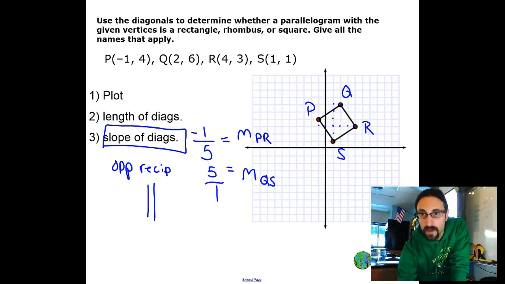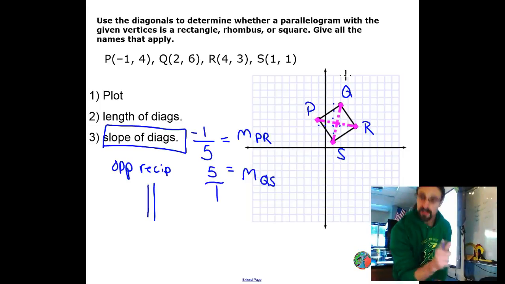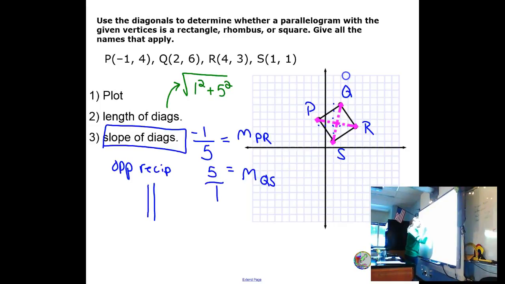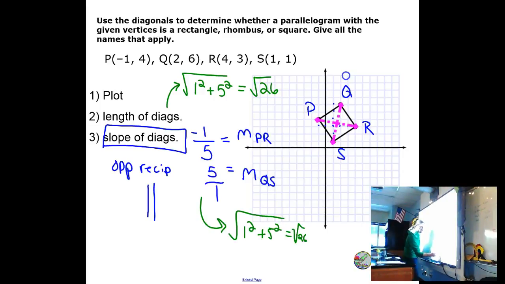Now that I've done the slope, I'm going to connect these two using my tools. I already have the rise and the run, so to find the length, it's the square root of 1 squared plus 5 squared, which is the square root of 26. This one is also the square root of 1 squared plus 5 squared, the square root of 26.